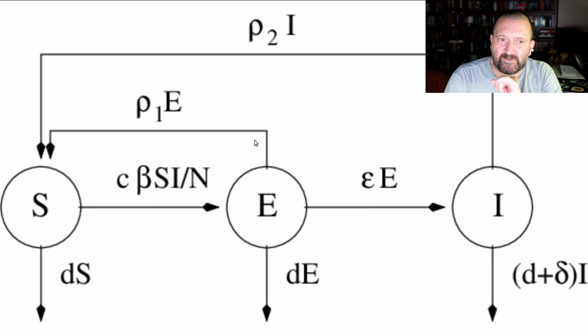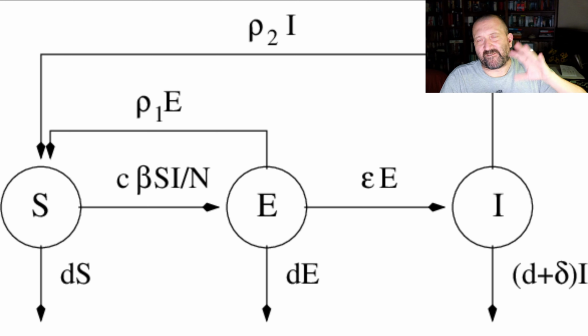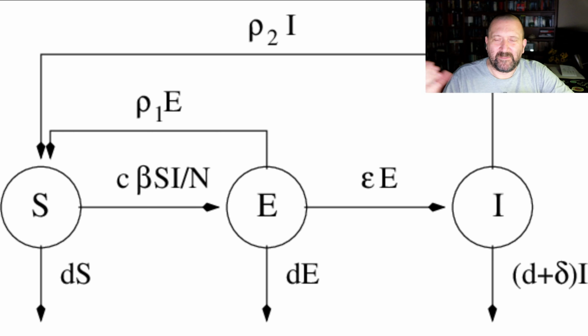But what's important here is that the recruitment, that B of N function, is complicated, and furthermore, because there's a delta here, it's not simply B of N minus D times N. There is this additional mortality term that makes the total population non-constant.